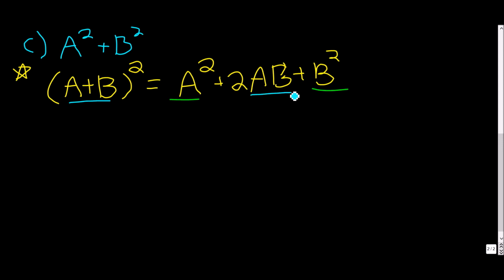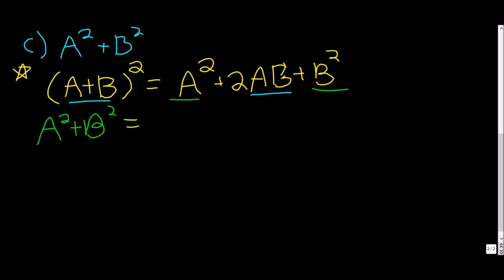So what I'm going to recommend is to place all the things that you don't know on one side, which mainly is the alpha squared plus beta squared, and move all the things you do know to the other side.